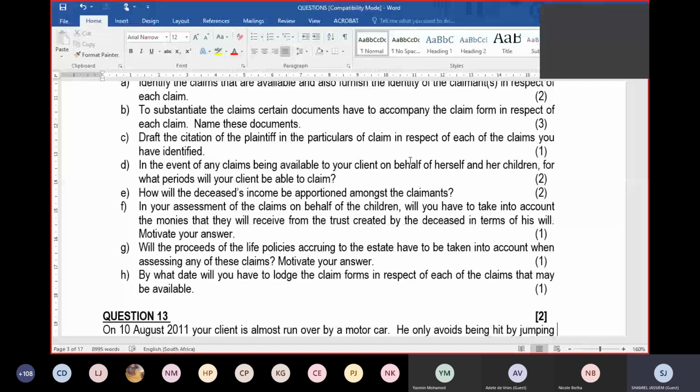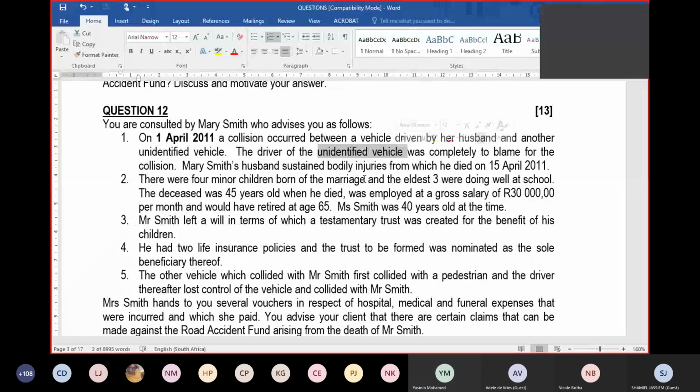If it's unidentified, is it identified or hit and run? Identified is not hit and run. Unidentified is hit and run. Correct. That's a hit and run. How many years to lodge? 2 years. Lovely, 2 years.